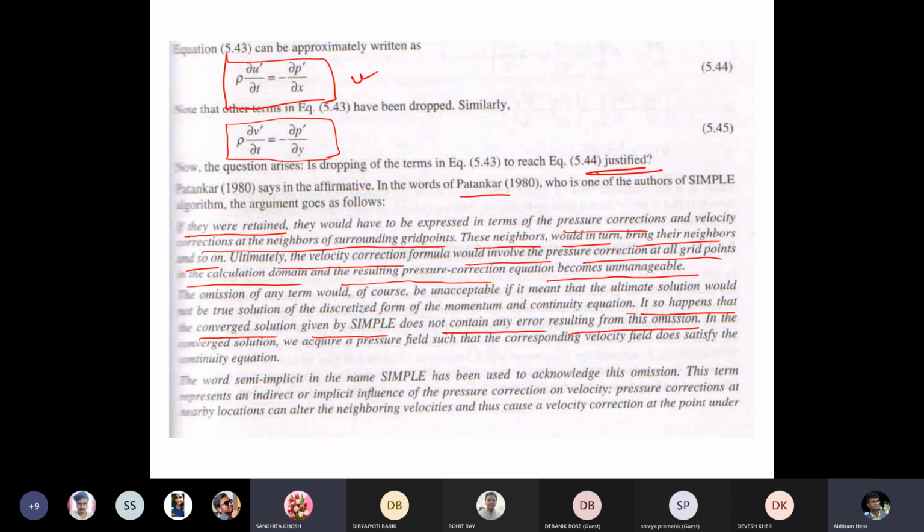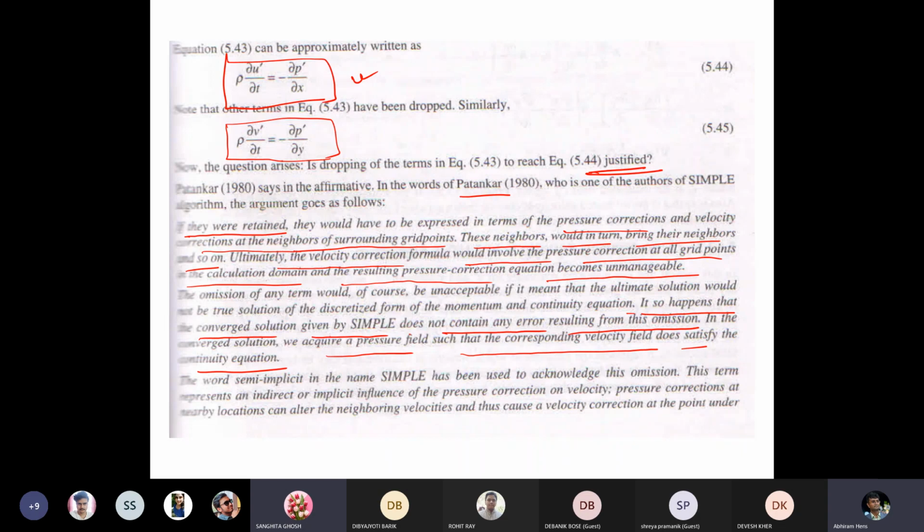So even if you neglect it, it was found that the result is not being hampered. In the converged solution, we acquire a pressure field such that the corresponding velocity field does satisfy the continuity equation. So even after doing that, if you solve only these equations, you will see that it will satisfy the continuity equation.